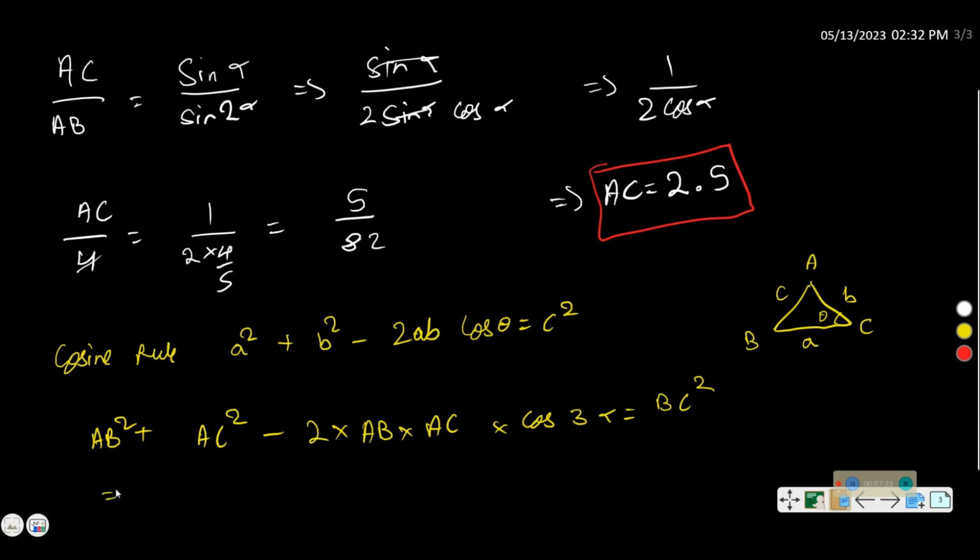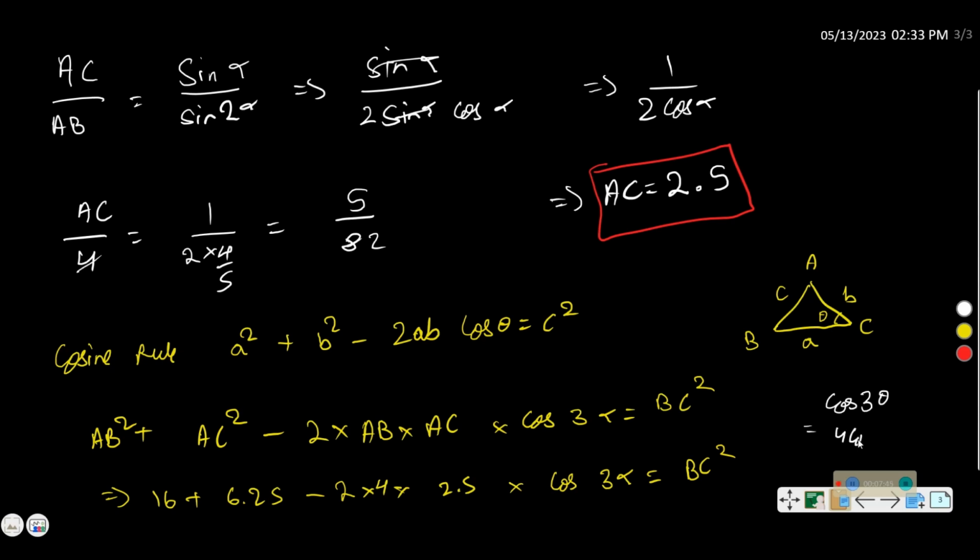Now AB equals 4, AC equals 2.5, so 16 plus 6.25 minus 2 times 4 times 2.5 times cos 3 alpha equals BC square. We also know that cos 3 theta equals 4 cos cube theta minus 3 cos theta.